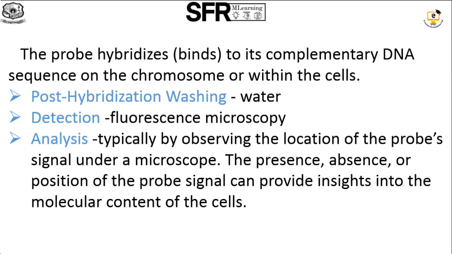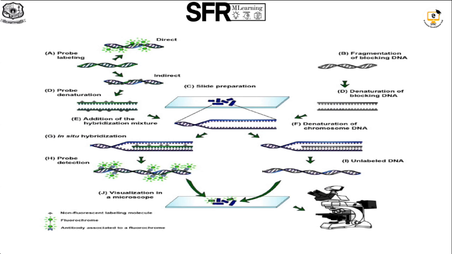And then the final step is analysis. Analysis is typically done by observing the location of the probe signal under a microscope. The presence or absence of the signal and its position can provide insight into the molecular content of the cells. So this is the diagrammatic representation of the GISH technique.